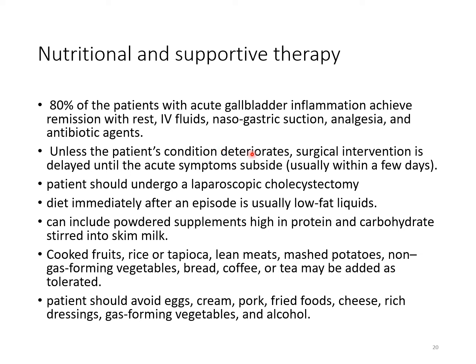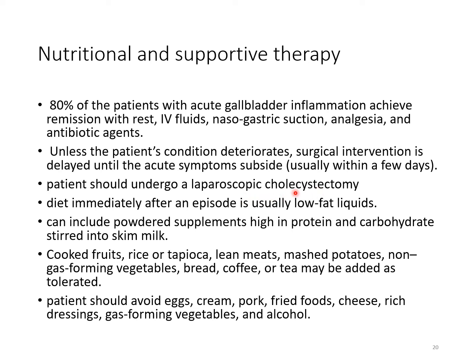So we're only doing that if obviously all of this stuff in the first bullet didn't work, and if the patient is in the acute stage, we are not going to do the surgery. We're going to wait until at least some of the acute symptoms have subsided. And so our go-to now is a laparoscopic cholecystectomy.